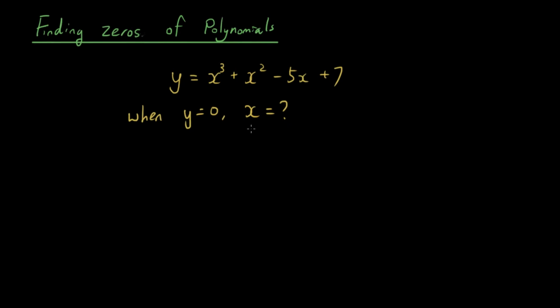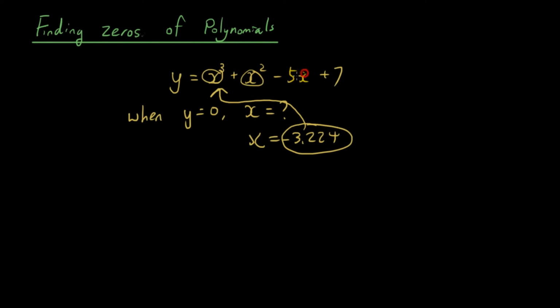So when y is 0, x is negative 3.224, and that would be the answer. You can try substituting this back into the original equation and see if y is equal to 0 if you want to.